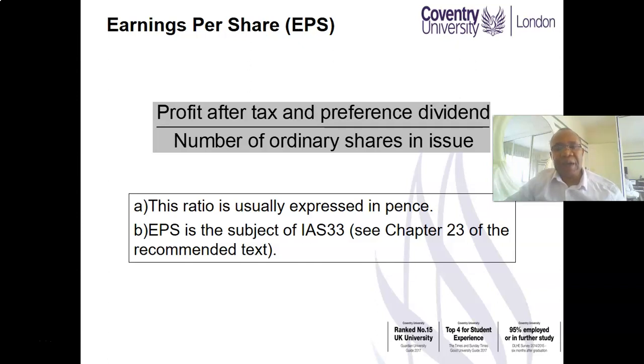You multiply that by 100 in order to express it in pence. The earnings per share is a subject of International Accounting Standard 33. This is not part of your syllabus, but of course, this is explained further in chapter 23 of your recommended text.